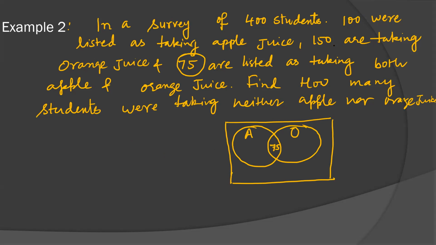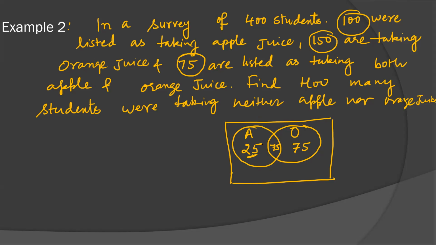Now see the number of students taking apple juice: 100 are taking apple juice. Out of them, 75 are taking orange also. So the remaining 25 students are taking only apple juice. Only means they are not taking orange. But in total there will be 100, because 100 students are taking apple juice. Now the orange juice: 150 are taking orange juice, 75 is common, then the left will be 75 here.